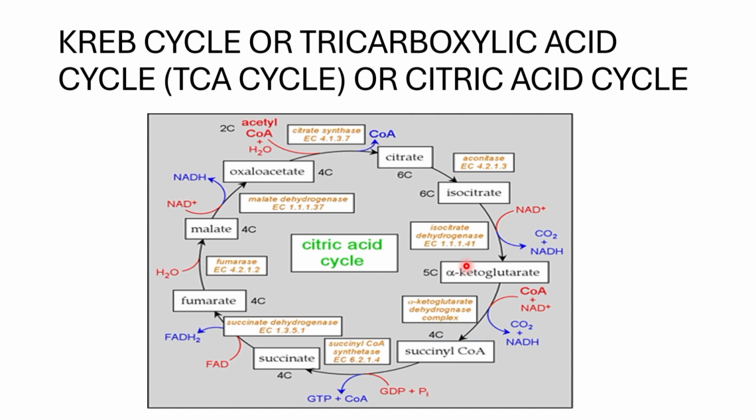Now what happens is that the acetyl-CoA, from the conversion of pyruvate, reacts with oxaloacetate, which is a 4-carbon compound, while acetyl-CoA is a 2-carbon compound, together with water to form a 6-carbon compound that we call citrate, or citric acid.